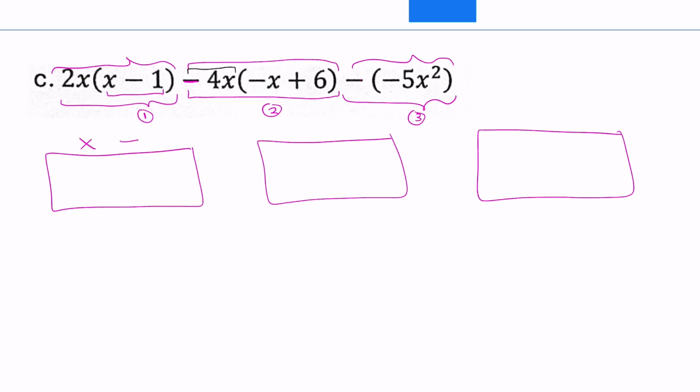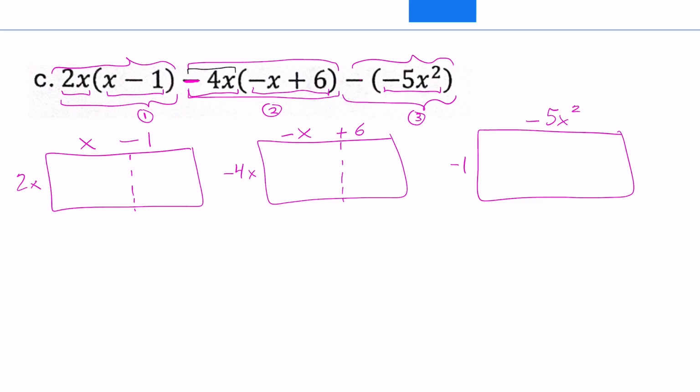So x minus 1, create that split right there. And then here I have a 2x. Here I have a length of negative x plus 6, create that split right there. And then here I have negative 4x. It's important you take the sign as well, okay? Negative 4x right here for that width. And then here I have negative 5x squared. And then here I have that negative 1, that invisible one, so negative 1.